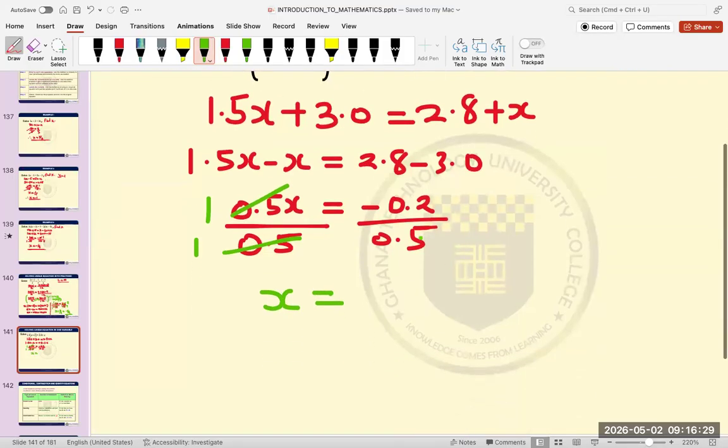Then for this one, in decimal, when you shift the point to the right, you do the same below. So we shift this one to the back of the 2. We do the same movement to the back of the 5. So it becomes negative 2 divided by 5. Our final answer.